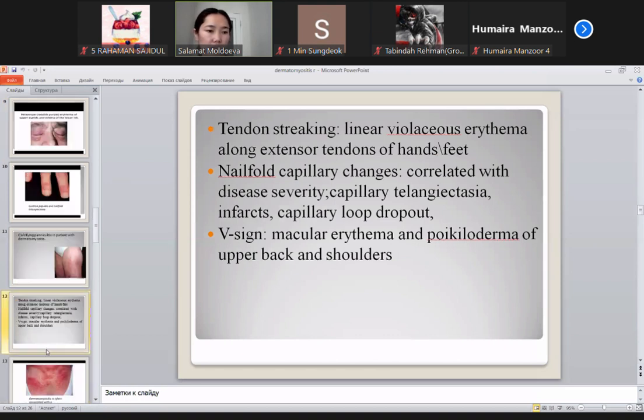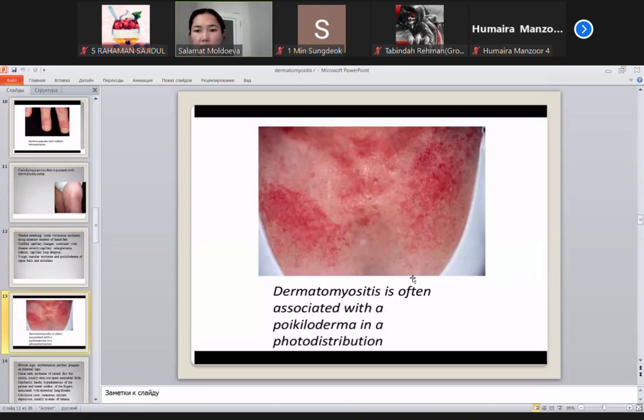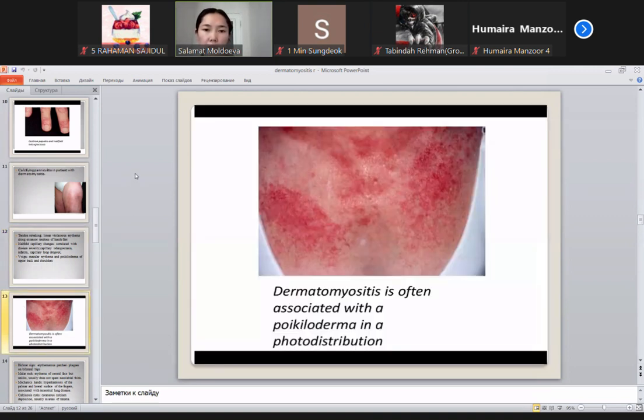And the next change, V sign. This area is called the V zone. V sign is macular erythema and poikiloderma of the upper back and shoulder. It means you can tell that the V zone is located in this area and a little bit in the shoulder area.